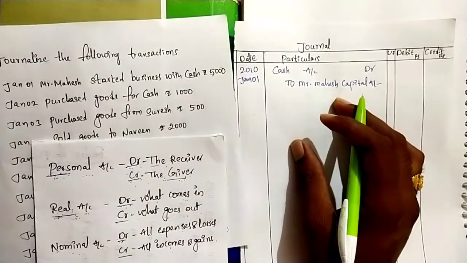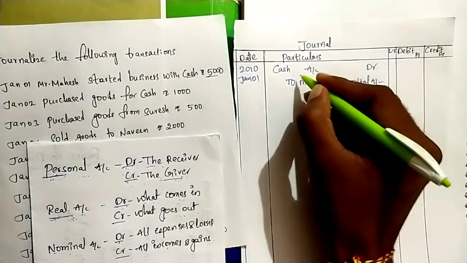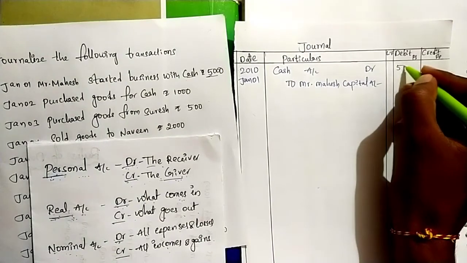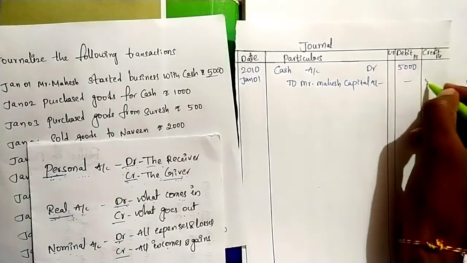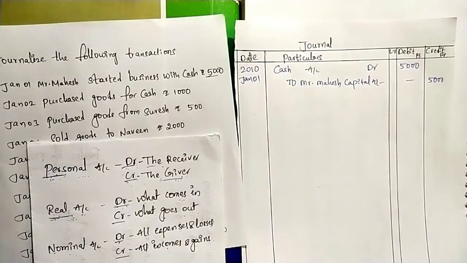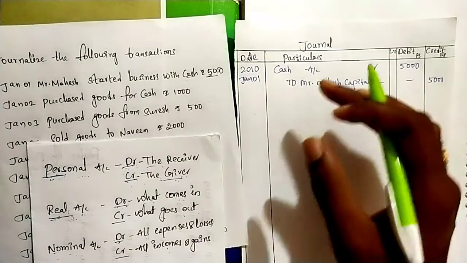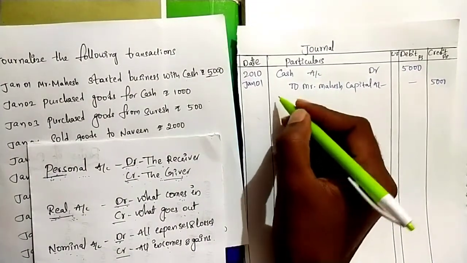Mahesh is the giver. How much cash comes into the business? 5,000. Cash account is debited with 5,000, and at the same time Mahesh capital account is credited with 5,000 rupees. That's it. Then we have to give some explanation for this transaction. That explanation is called a narration.